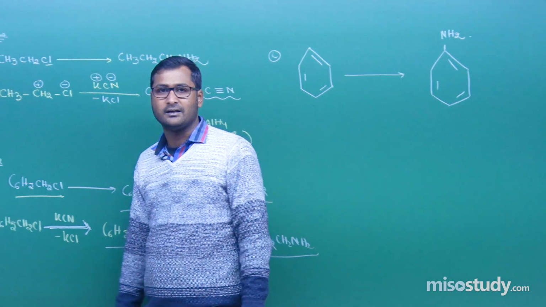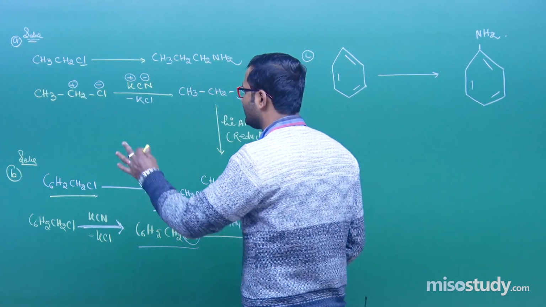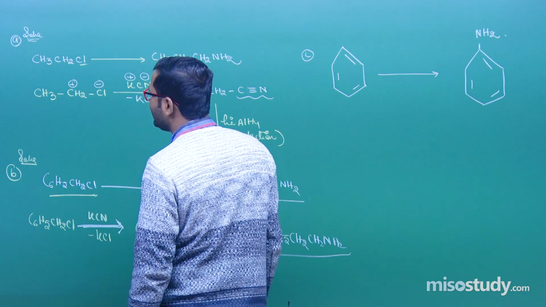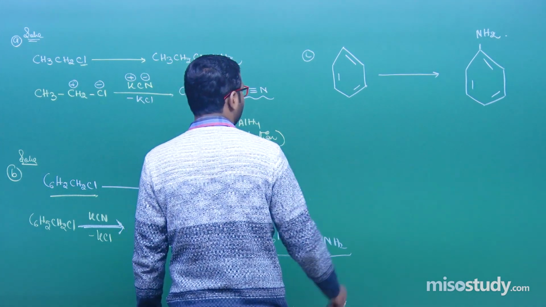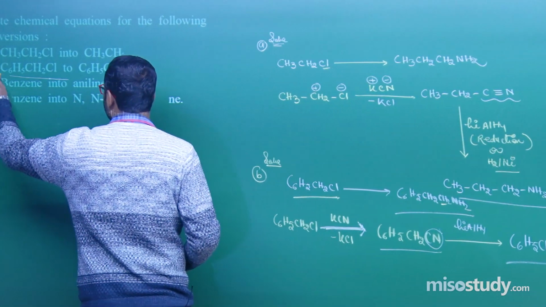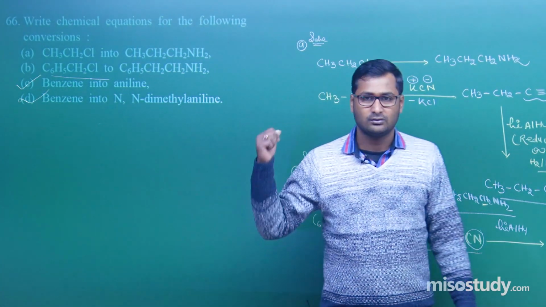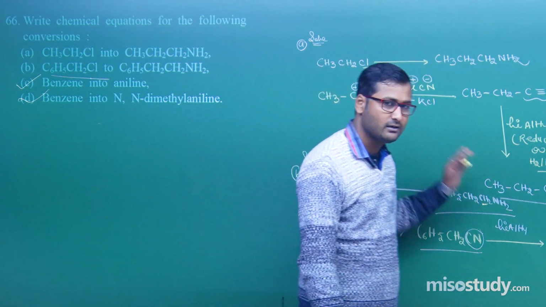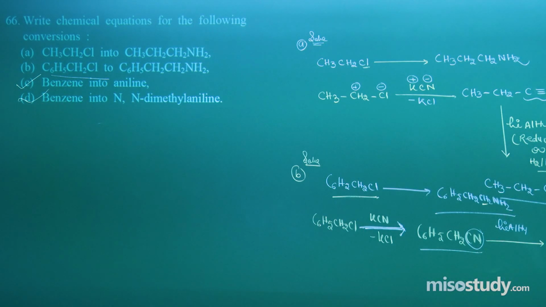And the second one is benzene into N,N-diethyl aniline. I am leaving this question for you. I am giving you 30 seconds to think on it. This is a simple conversion and you have to focus on this. Clear? Now tell me how to convert benzene into aniline.